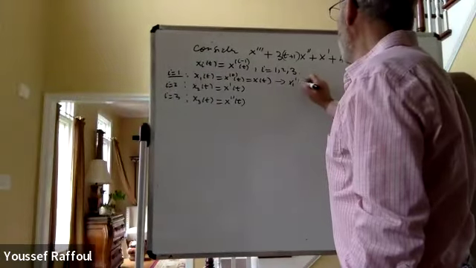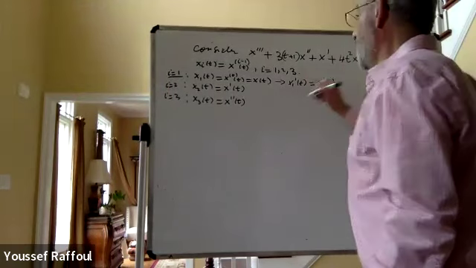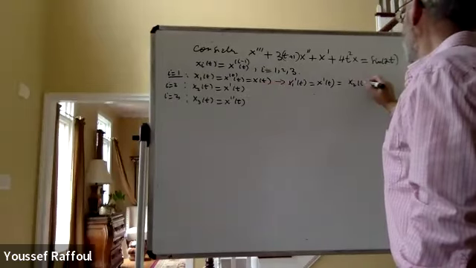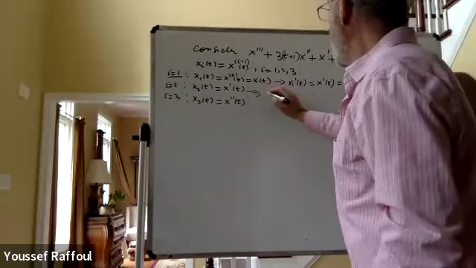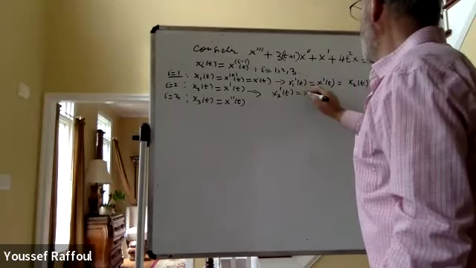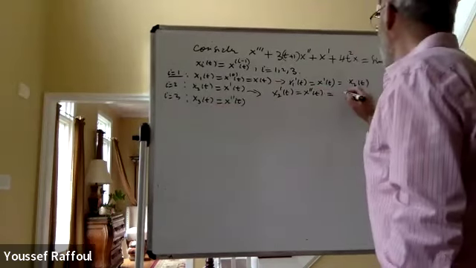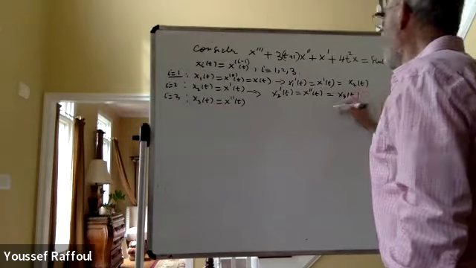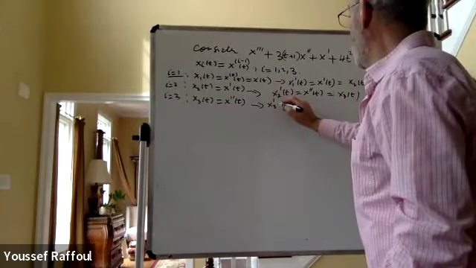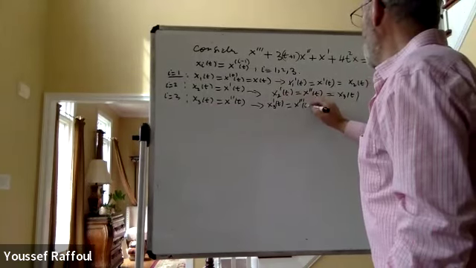So x1 prime of t is x prime of t, but x prime of t is x2 of t. And from here, you get x2 prime of t equal x second of t, but x second of t equal x3 of t. And from here, you get x3 prime of t equal x third of t.